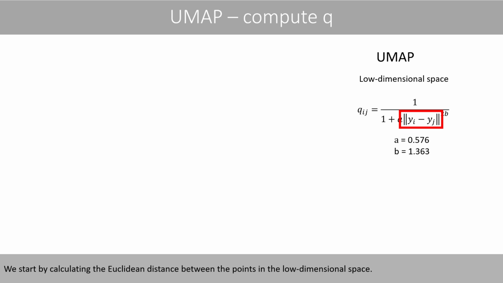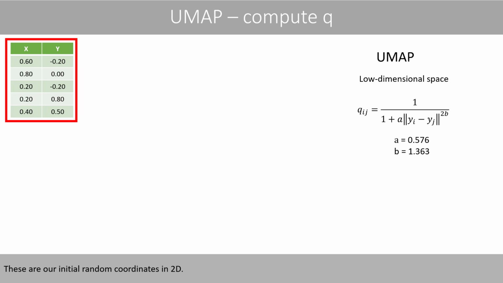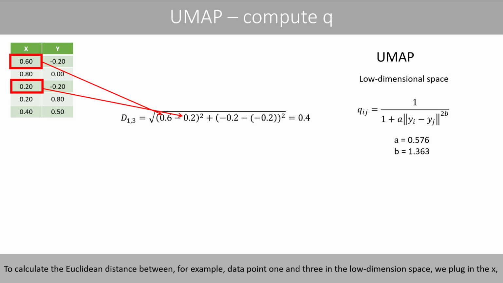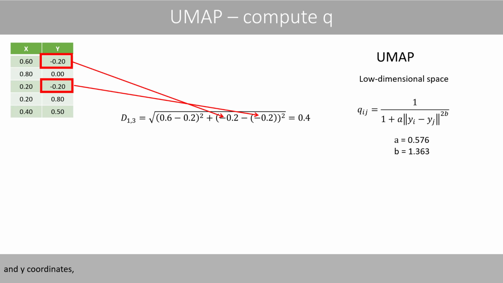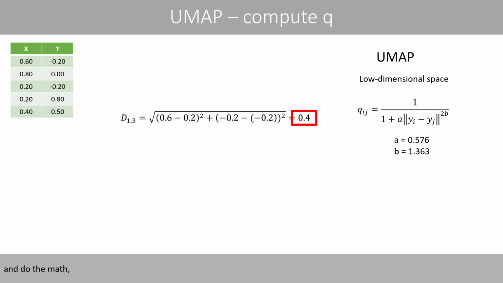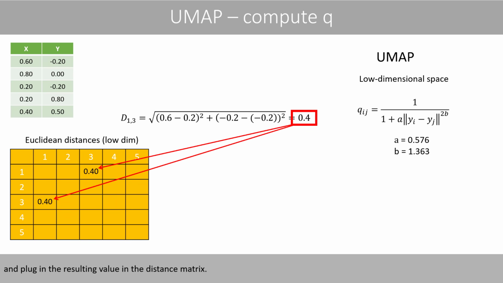We start by calculating the Euclidean distance between the points in the low-dimensional space. These are our initial random coordinates in 2 dimensions. To calculate the Euclidean distance between, for example, data point 1 and 3 in the low-dimensional space, we plug in the x and y coordinates and do the math, and plug in the resulting value in the distance matrix.